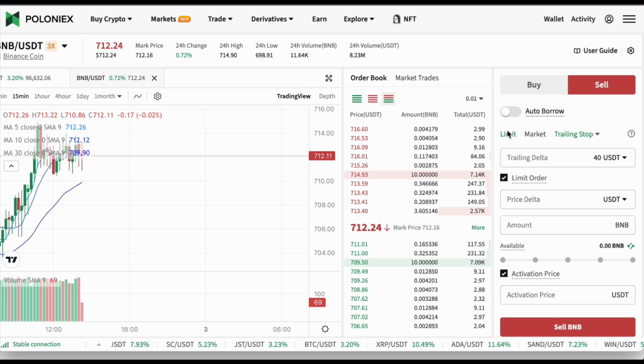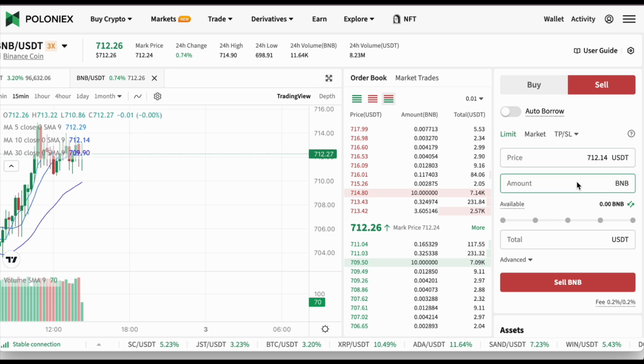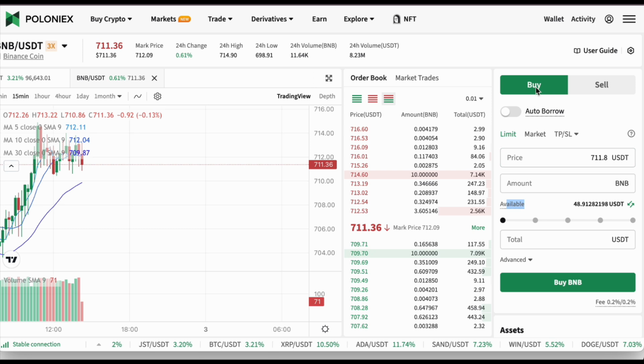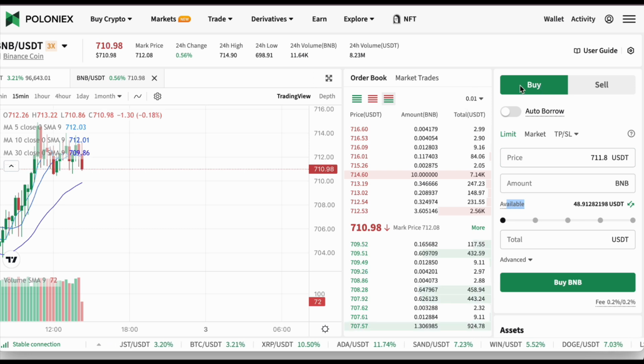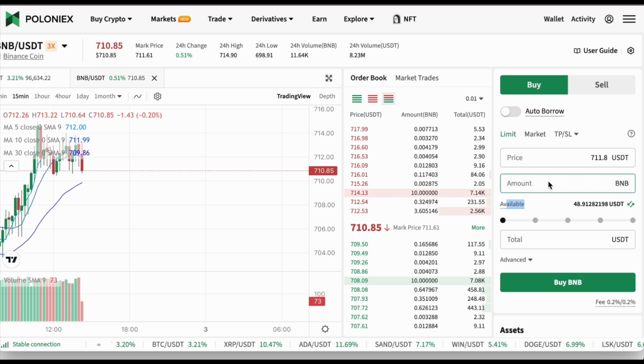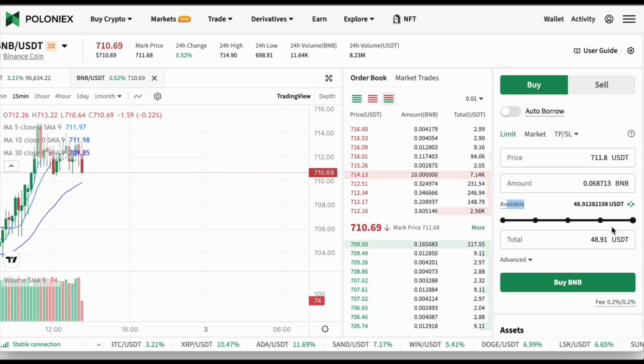So remember what I said about how to buy: you put your price here, select the quantity here. Always shift this, don't make a mistake. You click buy, and then under buy, you set your price and the amount, depending on the quantity you want to use out of your balance, and then you buy.